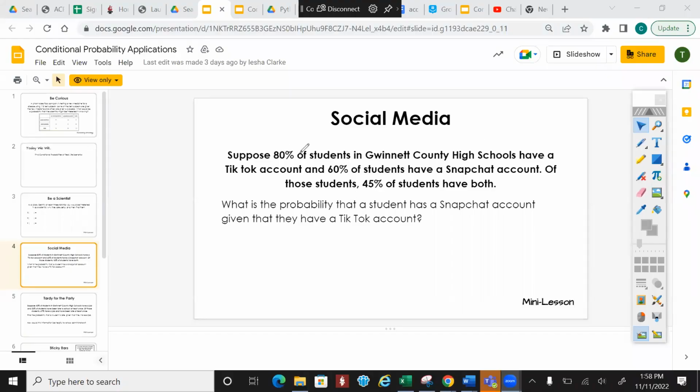Okay, so it says suppose 80% of the students in Gwinnett County have a TikTok account, and 60% of the students have a Snapchat account. Of those students, 45% have both.